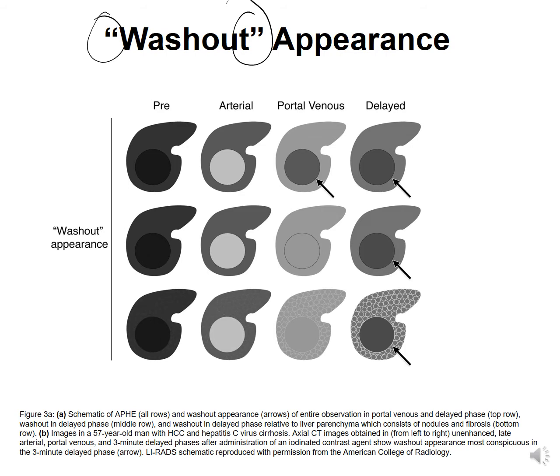So as a result, the relative hypointensity of the lesion in this phase may reflect just rapid drainage of the contrast material or lack of functional hepatocytes relative to background liver, or a combination of the two. So the LI-RADS highly recommends the washout as a strong predictor and major criteria for HCC.